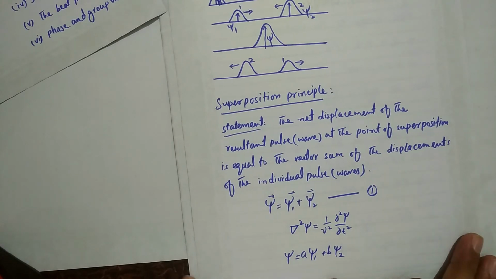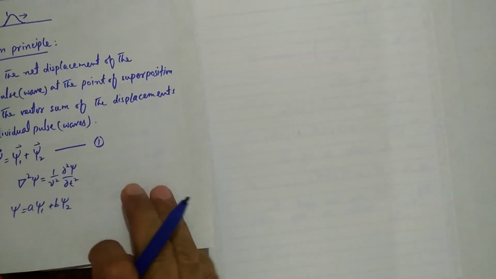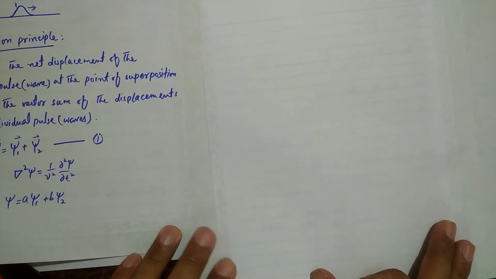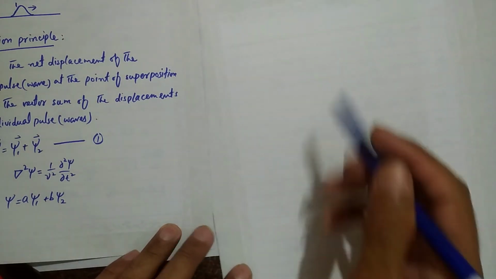The superposition of electromagnetic waves can be expressed in terms of their electric and magnetic fields by the vector equations.